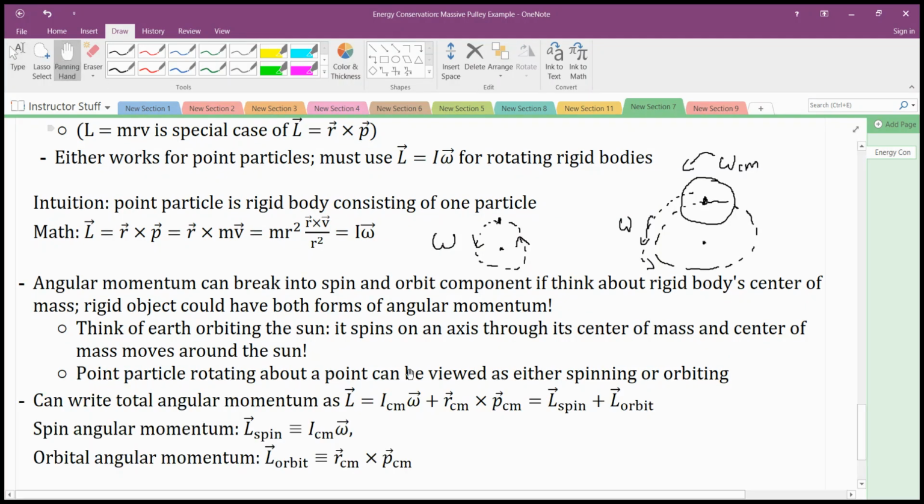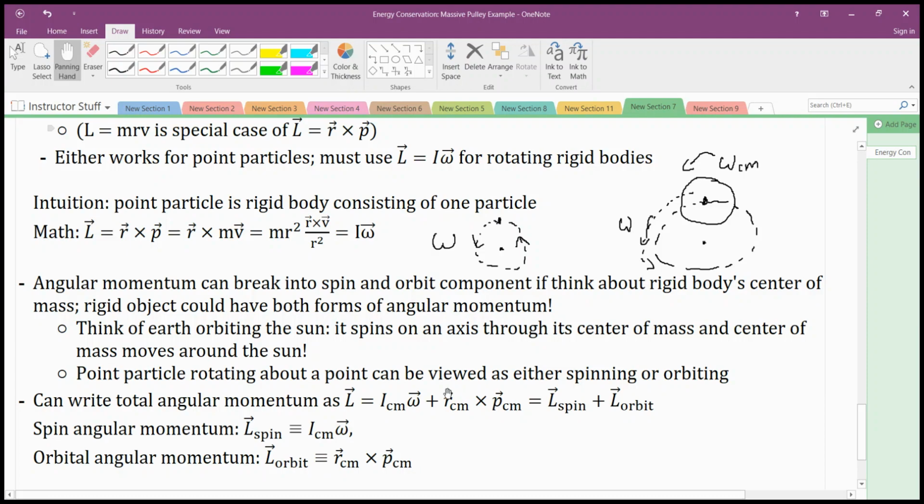Getting back to the math, you can write the total angular momentum of an object, and especially thinking about rigid bodies here, as follows. We have the angular momentum of our rigid body about its center of mass, plus the angular momentum of our rigid body's center of mass about another point. We call this the spin angular momentum and the orbital angular momentum, where the spin angular momentum is this I omega term, and the orbital angular momentum is the r cross p term.